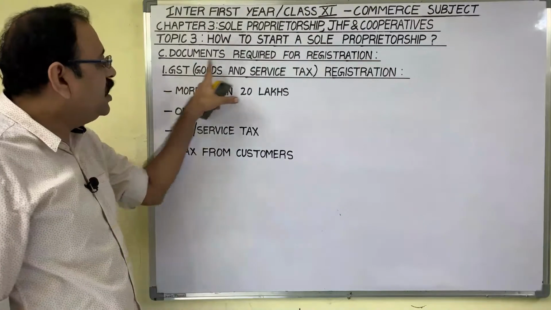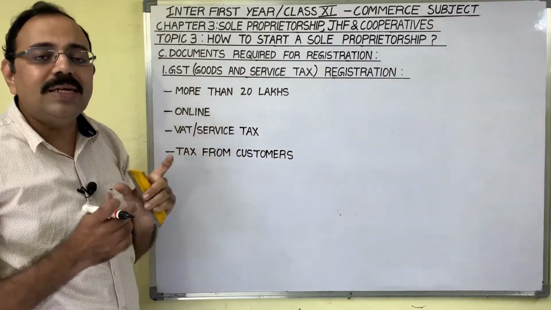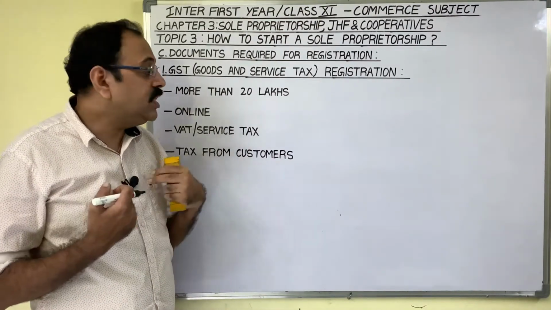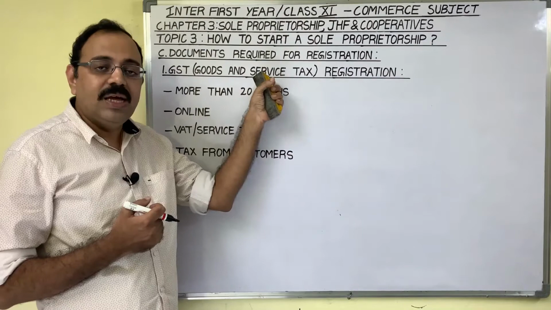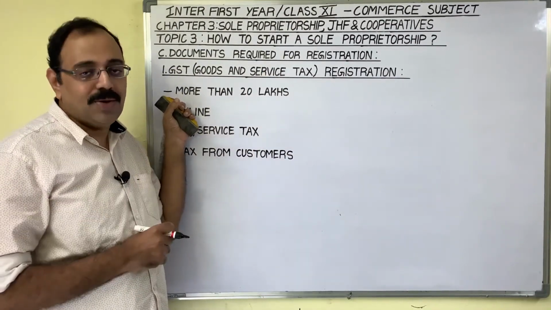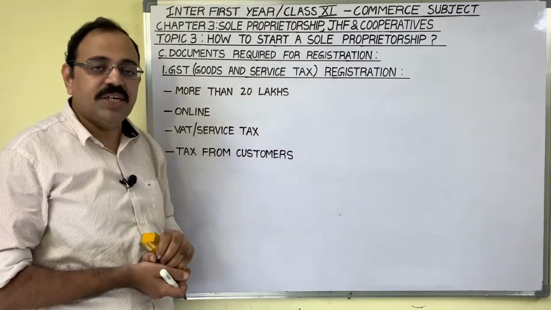First one is GST registration. GST stands for Goods and Services Tax. If a sole proprietor doing business in goods and services has an expected annual turnover of more than 20 lakh rupees, then he has to go for GST registration.